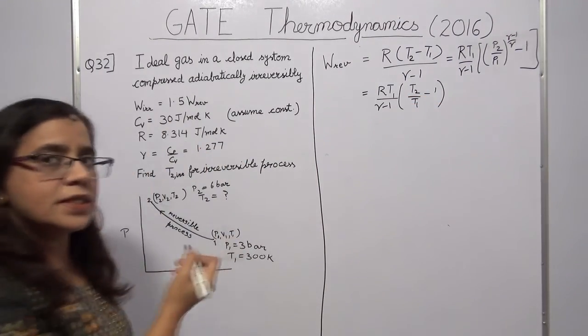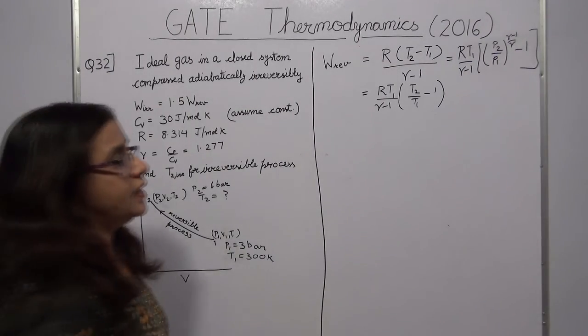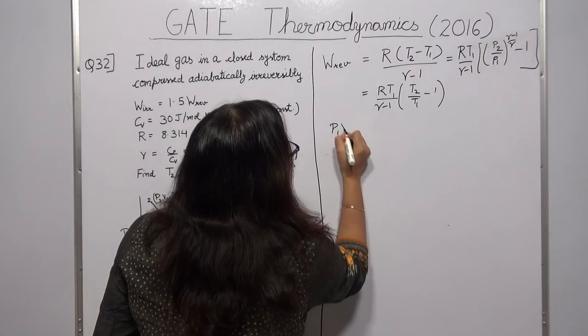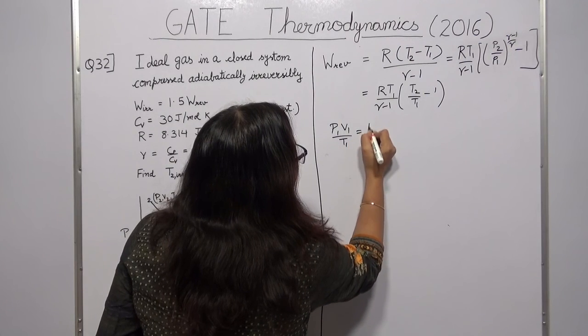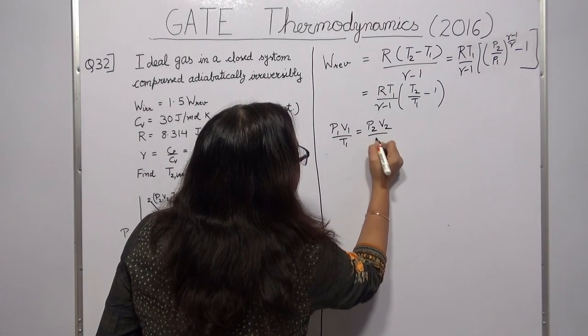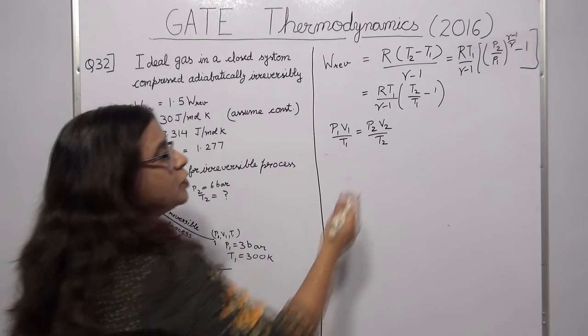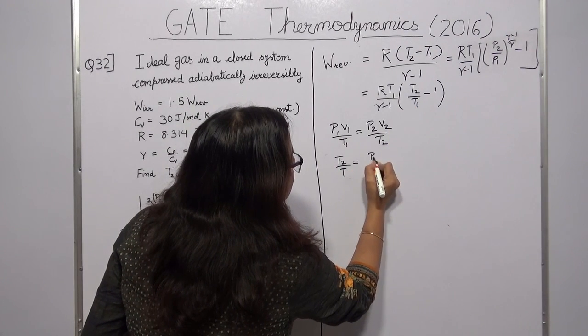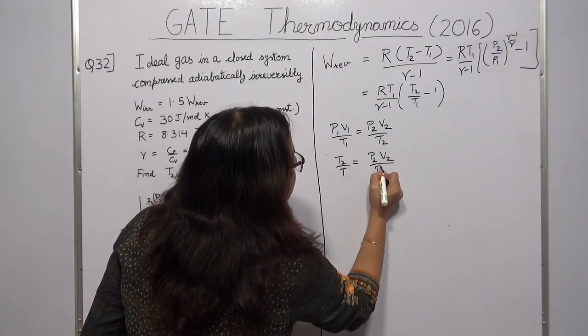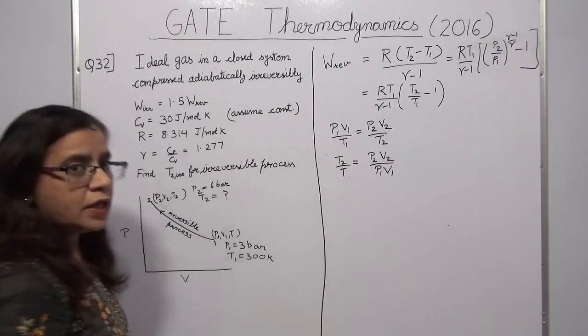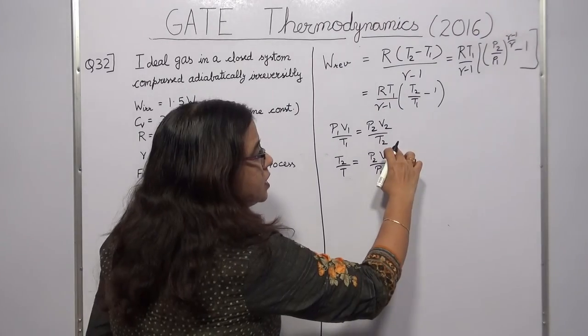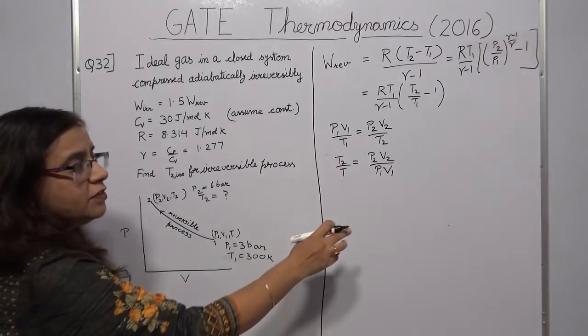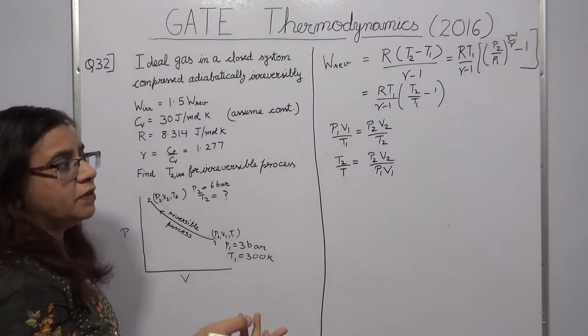Now since this is an ideal gas, I can apply the ideal gas equation and write P1 V1 upon T1 is equal to P2 V2 upon T2. I want this ratio, so T2 by T1 is equal to P2 V2 upon P1 V1. Now I will eliminate this ratio of V2 by V1 in terms of P1 by P2.